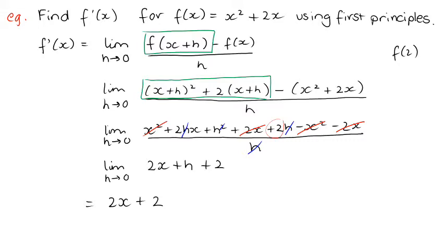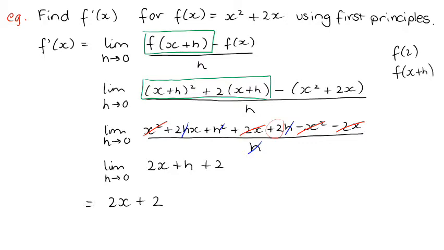It's the same thing. So if you've got f of x plus h, you just sub in x plus h to where all the x's are in the original function. That's all it is. Okay, so we get the derivative of this function here, x squared plus 2x, is 2x plus 2.